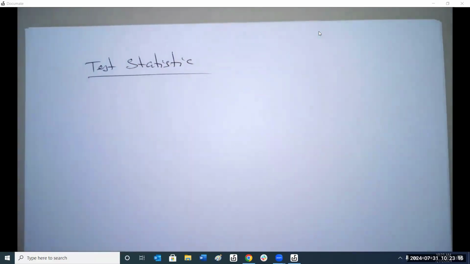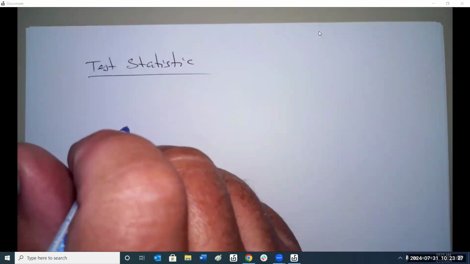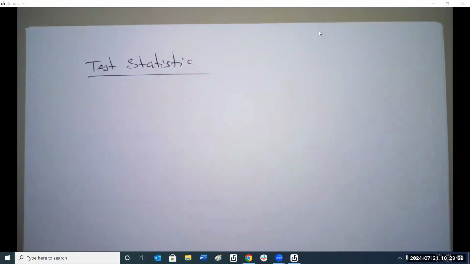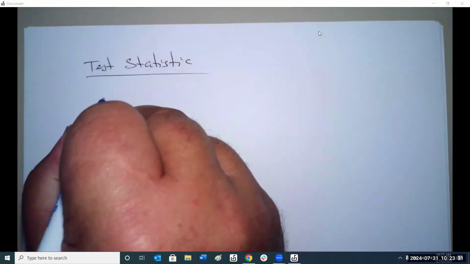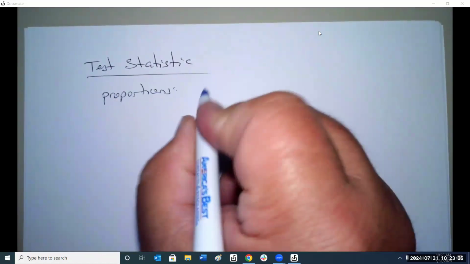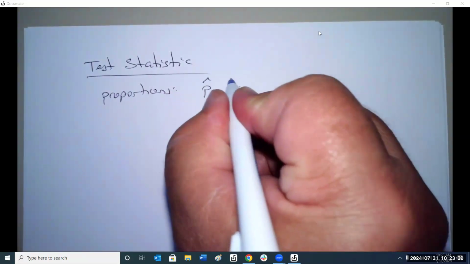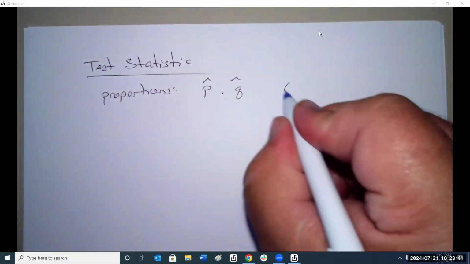When we talk about test statistic, and notice in our steps, the test statistics are used to test our null hypothesis. For proportions, remember we used p hat and q hat. That's with the hat. This is of the sample.